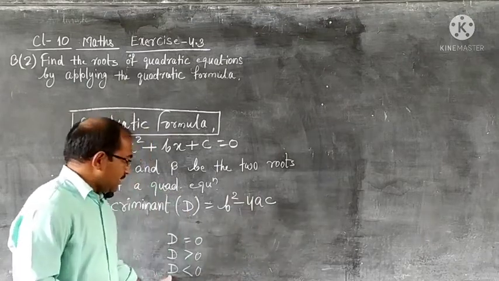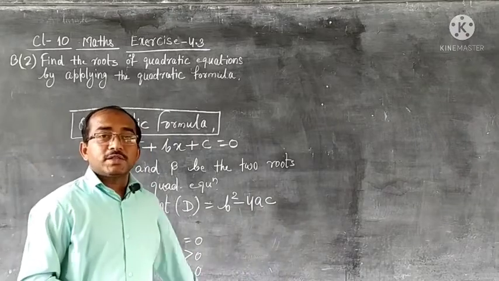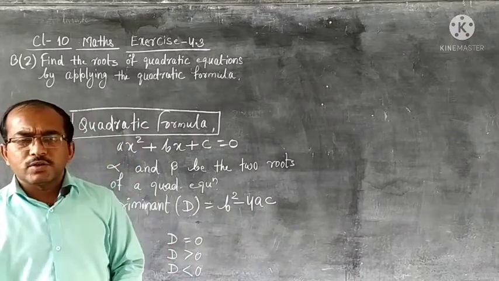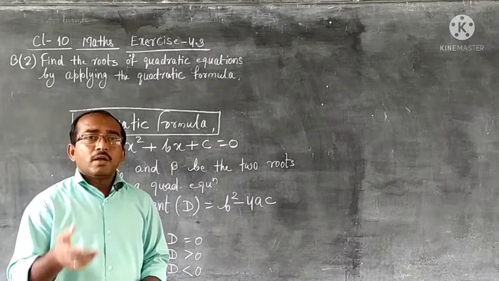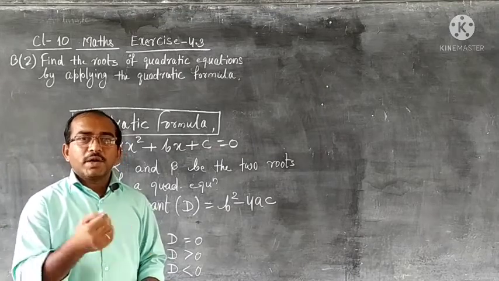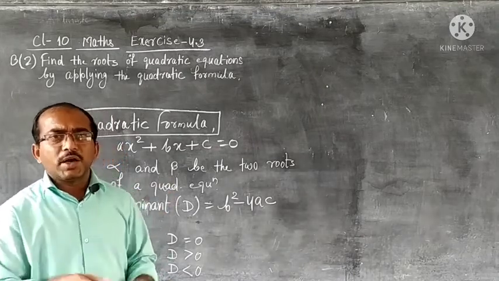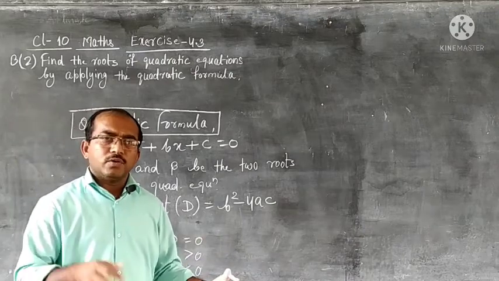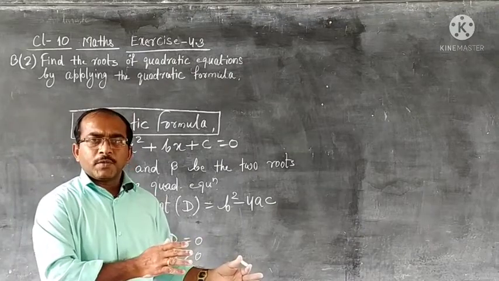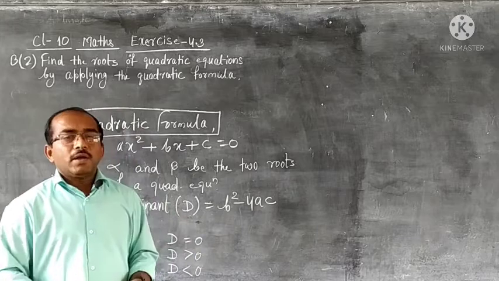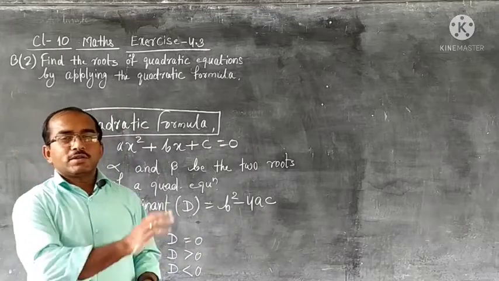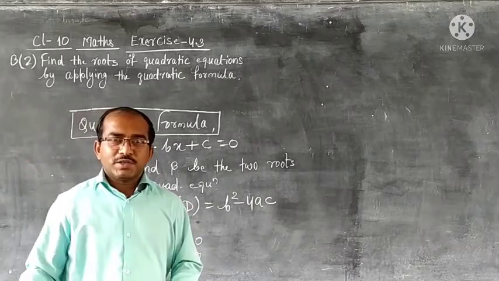And the third condition: if the discriminant is less than 0, what do we mean? It will be negative, like minus 1, minus 3, any negative value; every negative value is less than 0. So, if the discriminant is negative, the quadratic equation does not have real roots.